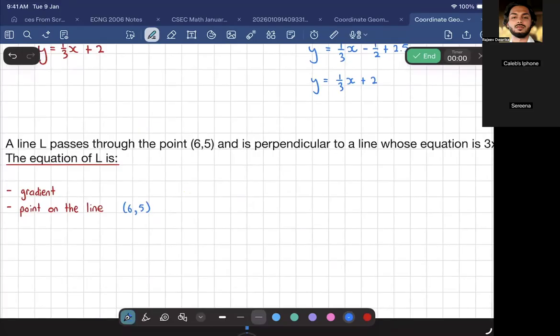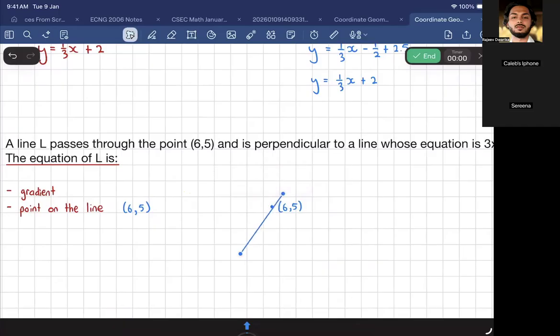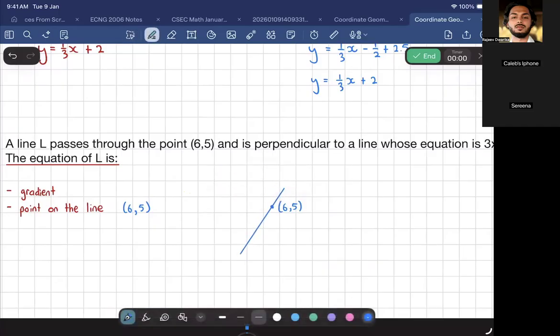Okay, so I'm just going to do a little sketch. Let's just say that this point was (6, 5), and this line L is passing through that. These are sketches. They don't have to be accurate. It's just a sketch so you can visualize what is happening. So you see I draw a line here. What should I call it?